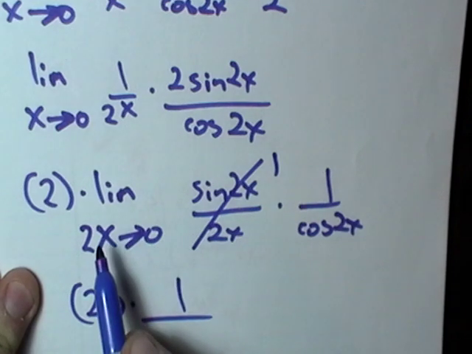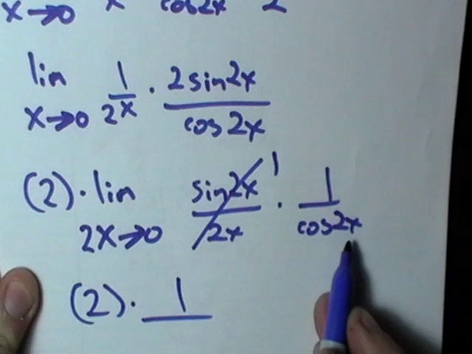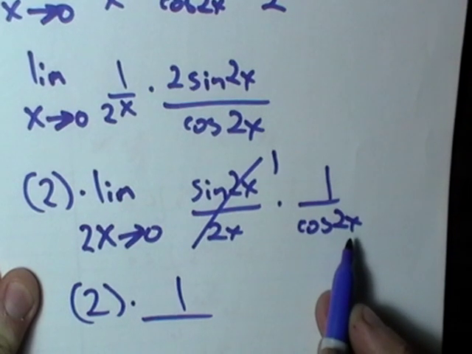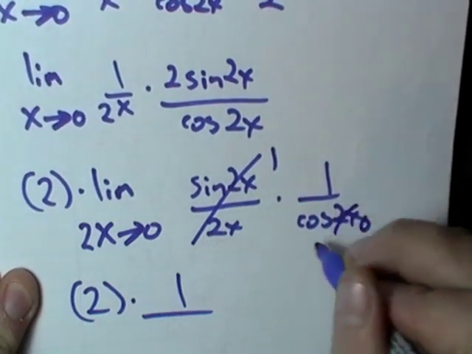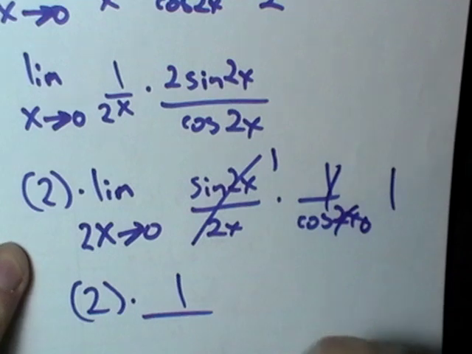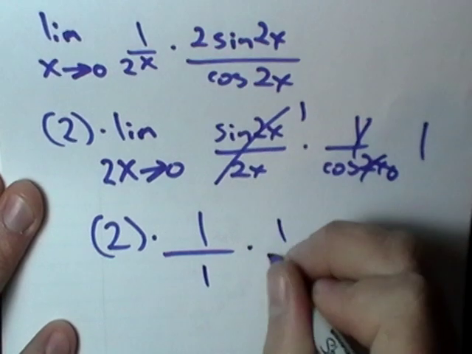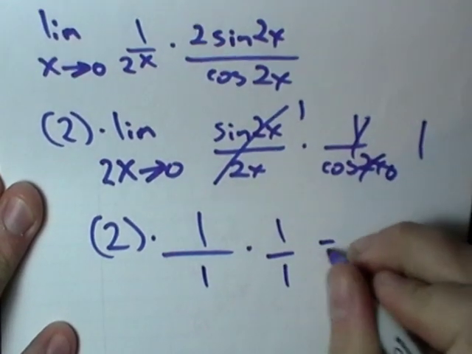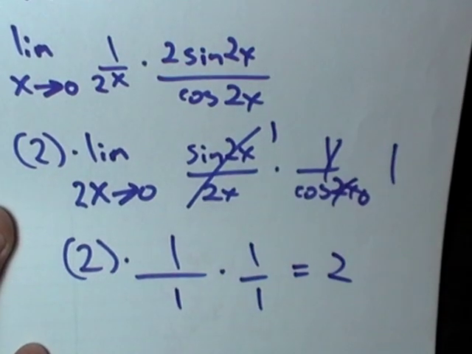And as 2x goes to 0, cosine of 2x is going to go to cosine of 0. Cosine of 0 equals 1. So this is also 1. So basically we're going to end up with 2 times 1 times 1, which equals 2. So the limit there is 2, and I just made it in 10 minutes.